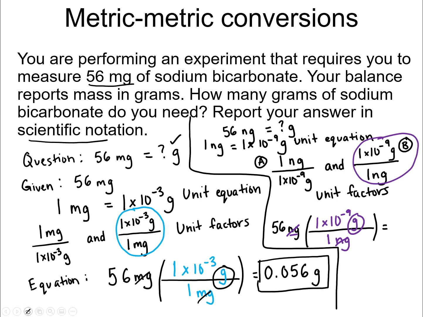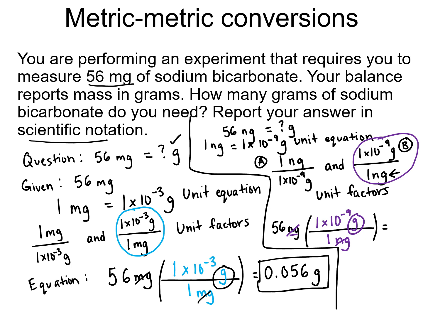Now I want you to try putting that in your calculator. You need to know how to put scientific notation into your calculator. Why did we choose B? We chose B because it has nanograms in the denominator. And we're trying to cancel out nanograms.